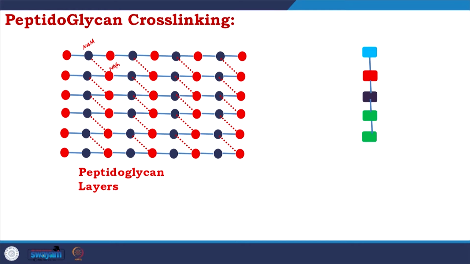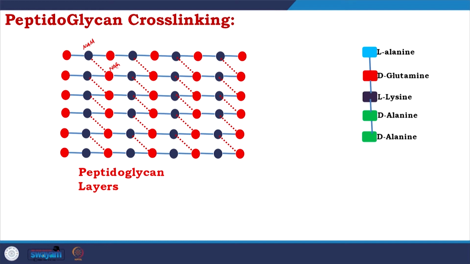And this cross-linking is done by a pentapeptide. They might vary, but mostly they are L-alanine, D-glutamine, L-lysine, D-alanine and D-alanine.